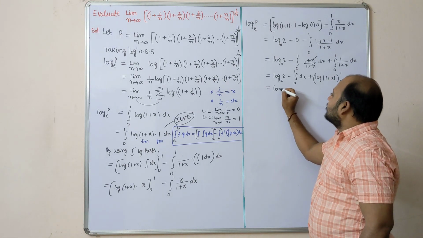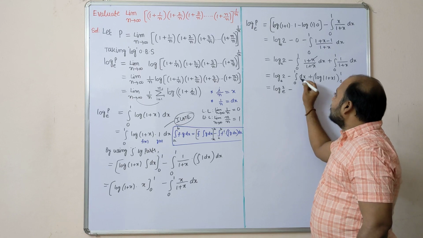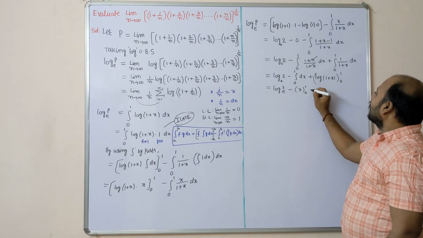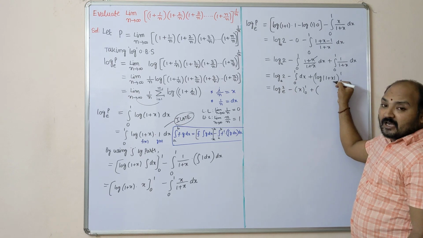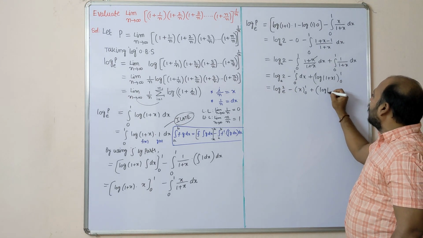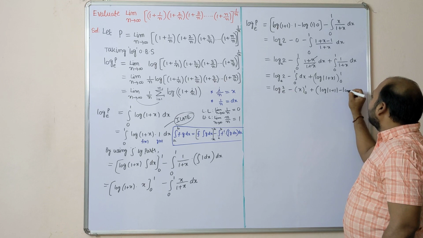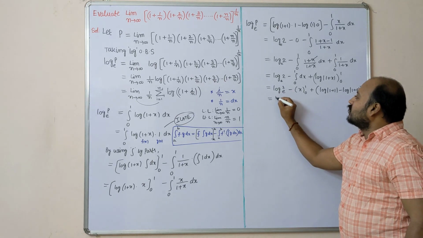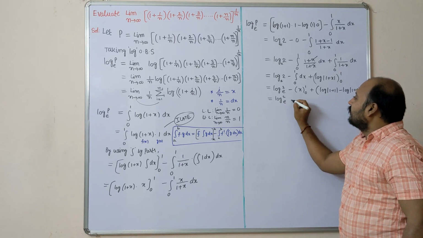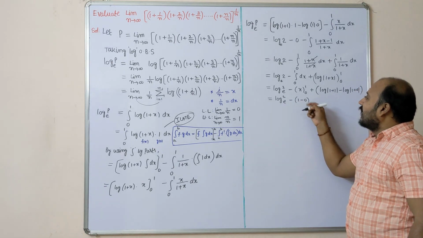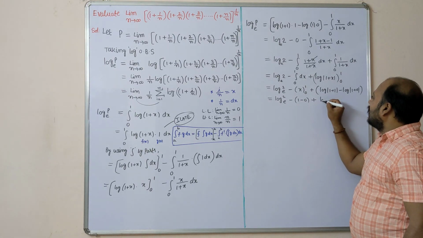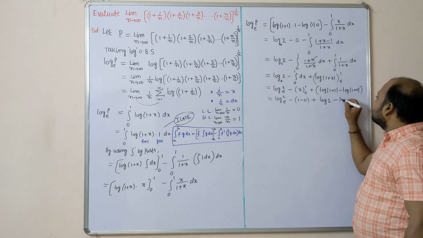So log 2 to the base e minus integral dx is x, applying the limit 0 to 1, plus in place of x upper limit 1, so log 1 plus 1 minus log 1 plus 0. So which is equal to log 2 to the base e minus upper limit minus lower limit in place of x, 1 minus 0, plus log 2 minus log 1.